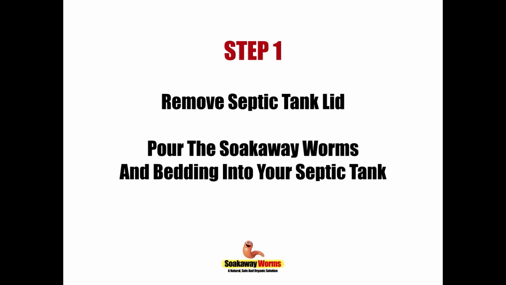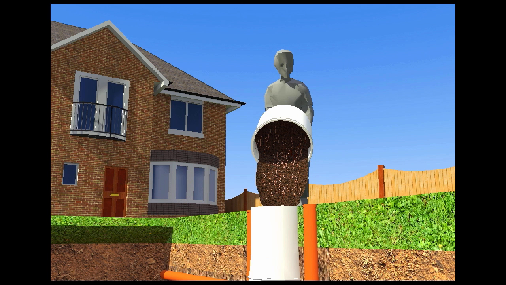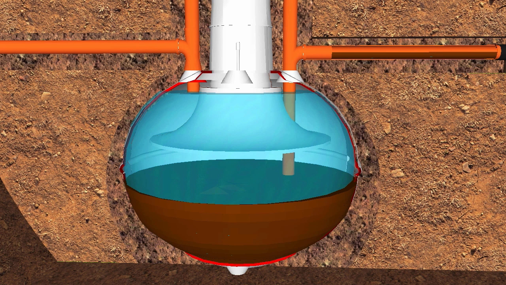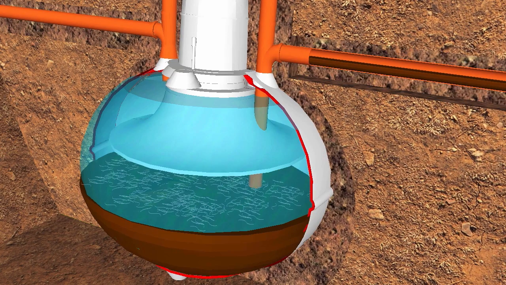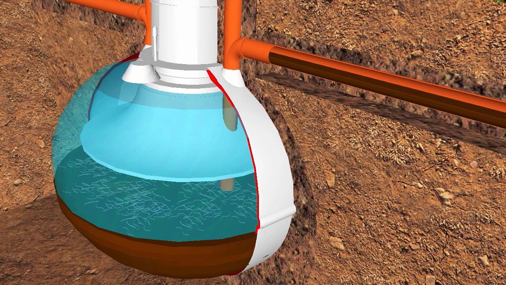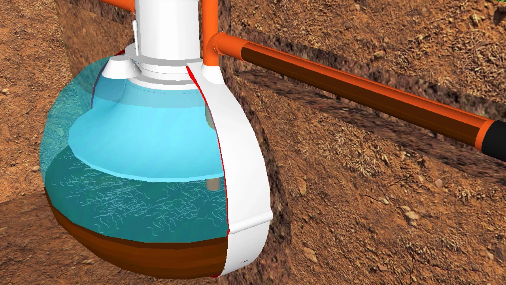Step 1. Remove the lid from the septic tank and pour the worms and the bedding into the tank, and then replace the lid. The worms will fall to the bottom of the tank, and very quickly they'll adjust to their surroundings. They'll start burrowing into that sludge and making their way up through the outlet pipe towards the pipes that lead to the soakaway.